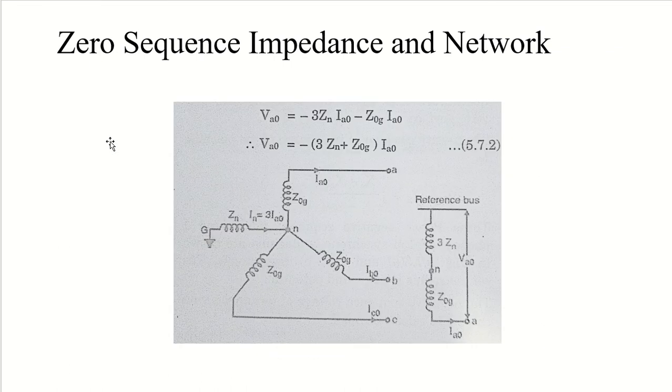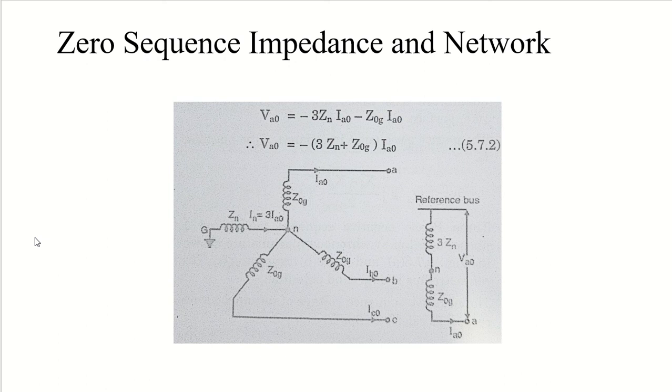Now let's see the zero sequence impedance in network. Unlike the positive sequence and negative sequence, we cannot find the zero sequence impedance in my synchronous machine the same way. The flow of my zero sequence current will create three mmf, which will be in the same time phase but distributed in space by 120 degrees apart.